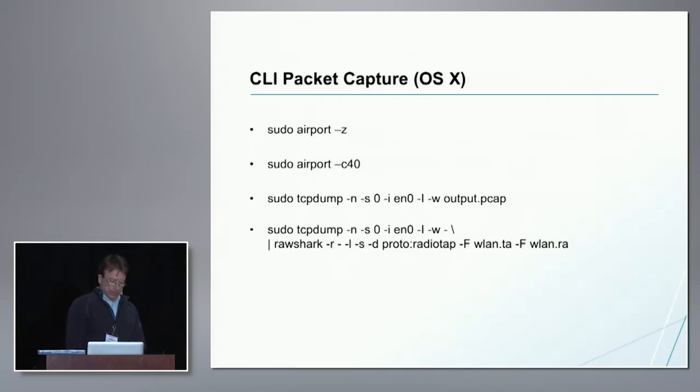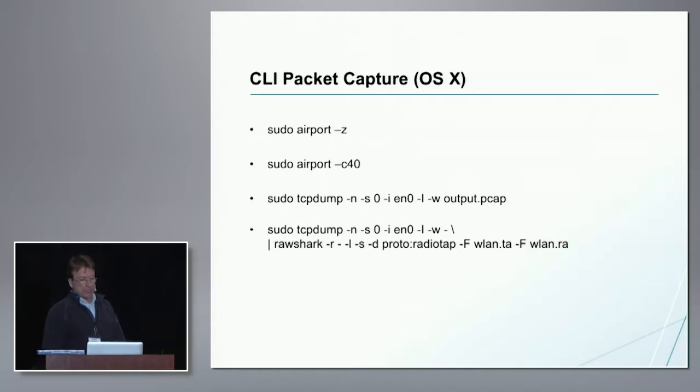This is my preferred way to do packet capture on a Mac. First I run, this is in the terminal application, of course, the airport command with the -z option to disconnect from the Wi-Fi. That is to avoid roaming and probing.